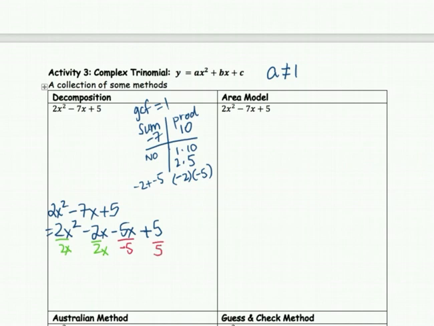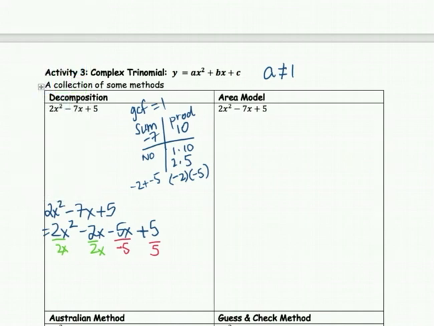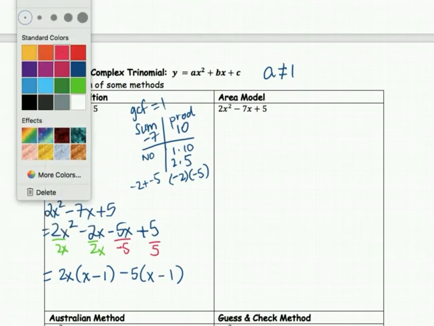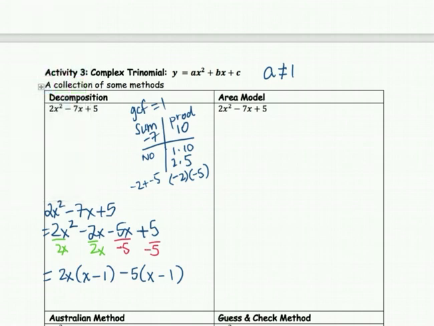Now we can factor them out. The 2x comes out, leaves an x. The -5 comes out. Oops, I made a mistake up here, so let's fix that. I should be dividing both of these by -5, so then I get a -1.